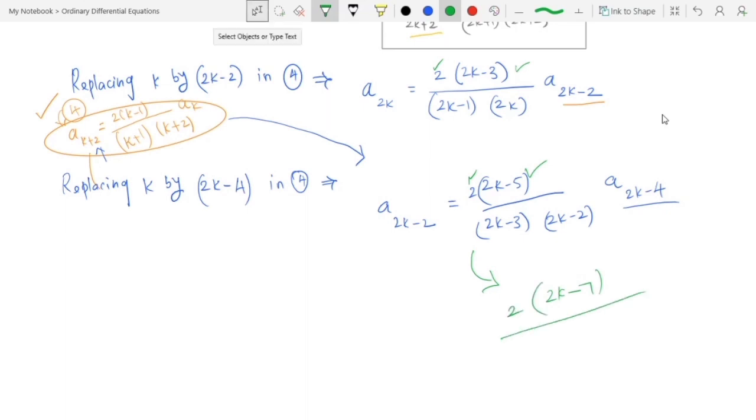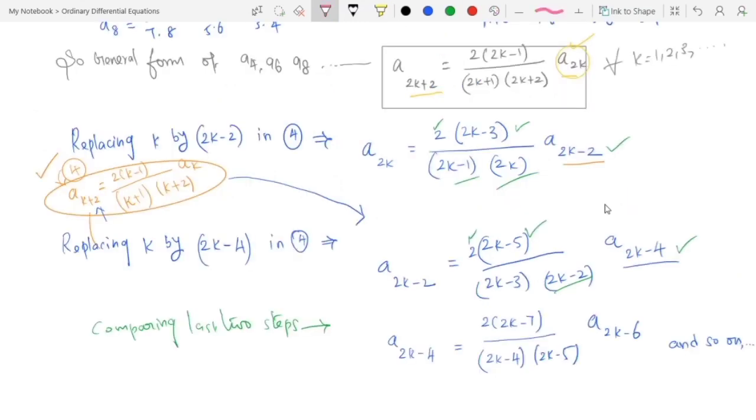Regarding the denominator, start from 2k, next one 2k minus 1. Now this term minus 1, that is 2k minus 2, here minus 1, that is 2k minus 3, automatically here 2k minus 3 minus 1, 2k minus 4. Now 2k minus 4 minus 1, 2k minus 5. Also a suffix 2k, here minus 2 again, minus 4, minus 2, we get minus 6.